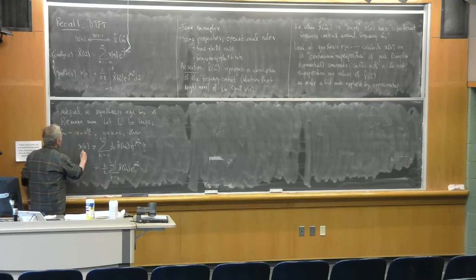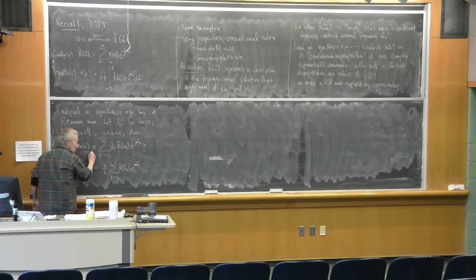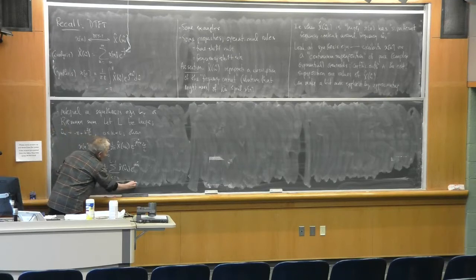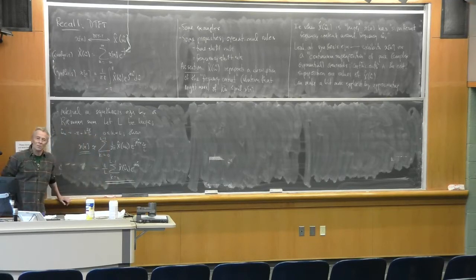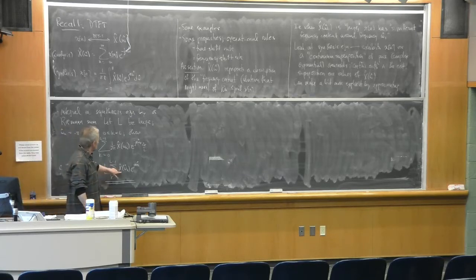This shows you that x of n is approximately equal to the sum of a bunch of pure sinusoids. Each term in this sum is a pure complex exponential sinusoid, if you think of it as a whole signal, e to the j n omega hat k, with a number in front of it, namely 1 over L times x hat omega hat k.